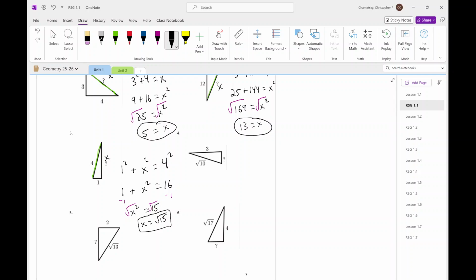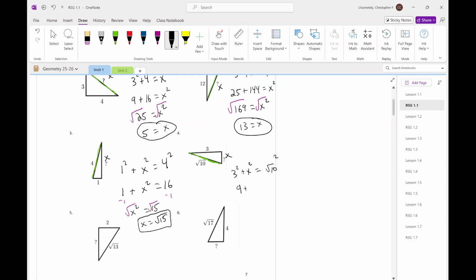Number 4. So let's find our hypotenuse. That's this side with the root 10. Put an x for our missing side. So our equation becomes 3 squared plus x squared equals square root of 10 squared. And this looks a little confusing, but actually this makes things a lot easier for us because squares and square roots cancel out.